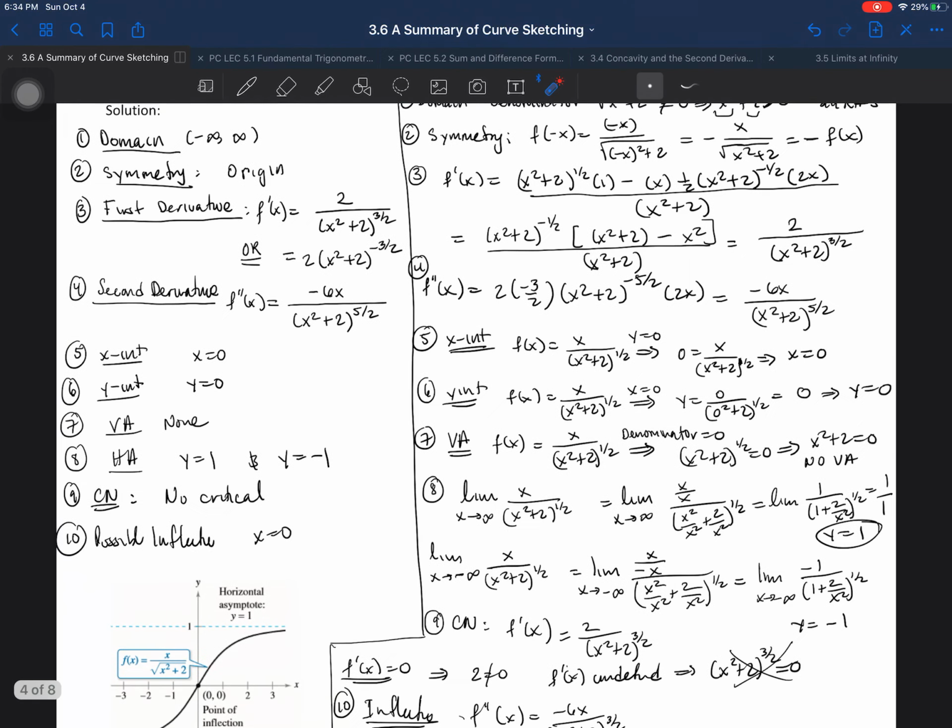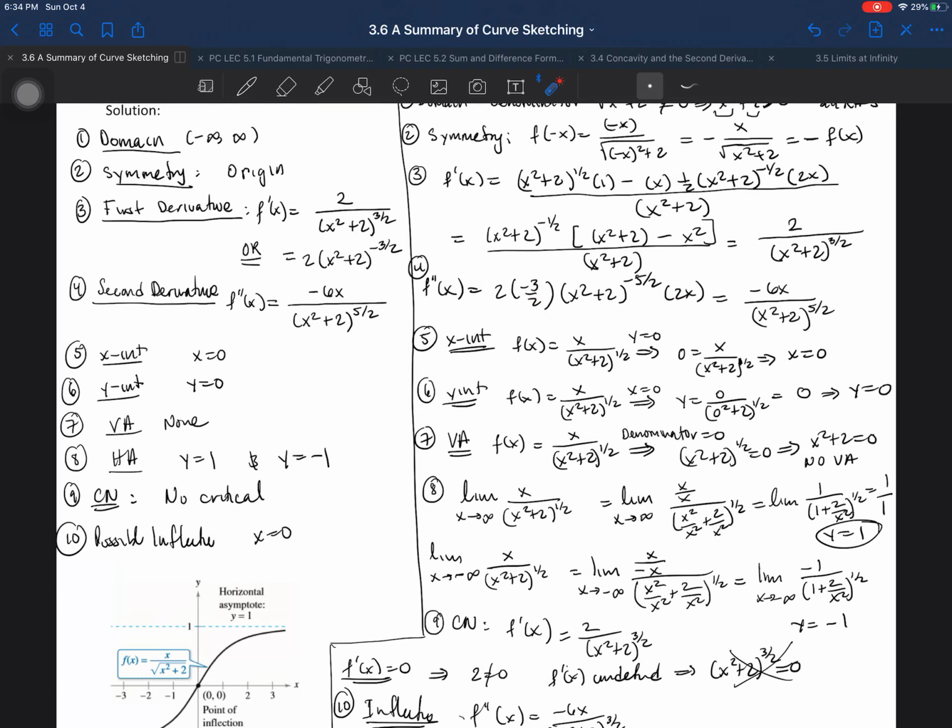So let's try that. When you apply the second derivative for this, I'm going to use chain rule. So it'll bring the power down, so it'll be negative 3/2. Leave the inside as it is, take away 1 from the power, and then multiply by derivative of the inside. Well, these two are going to cancel each other out.